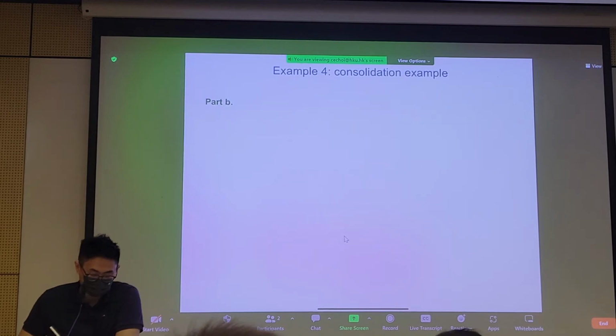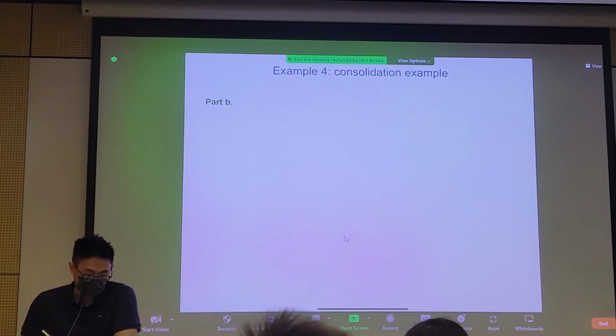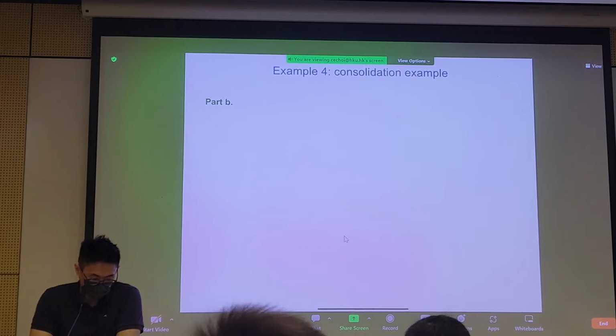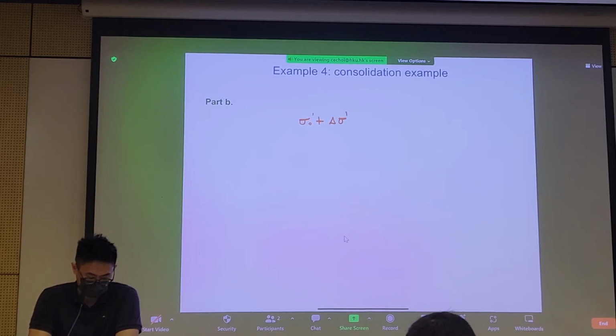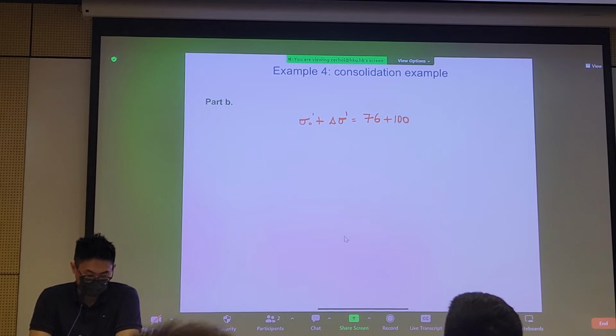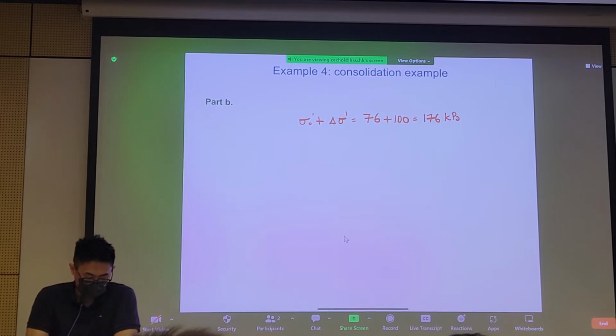All right, so next part of the question, we're given a pre-consolidation pressure. So before we do anything, we have to calculate where we are on the curve, our void ratio versus normal effective stress plot. We know by now that the initial effective stress is 76. We know the surcharge is 100 kPa. So we know that we're at about 176 kPa and our pre-consolidation pressure was 200.